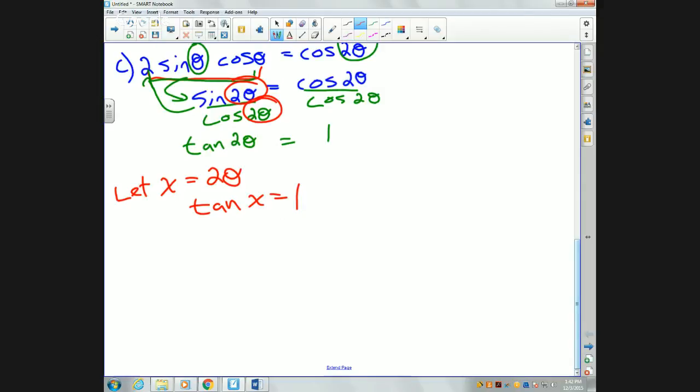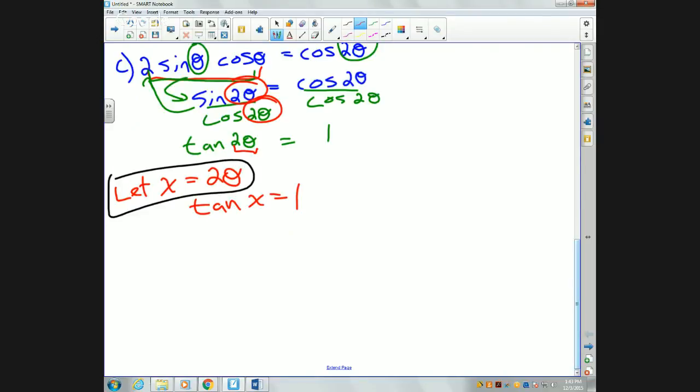This is a little complicated in here, but if we just had tan x equals 1, I think most of you could find a way to solve this. Then we'll backtrack later and deal with this to find theta.